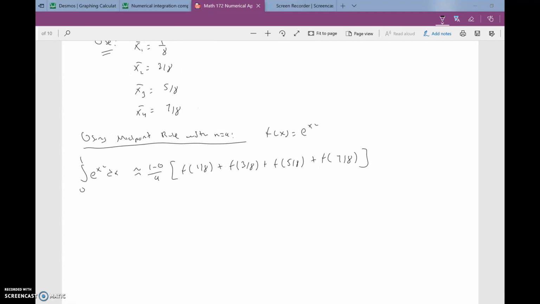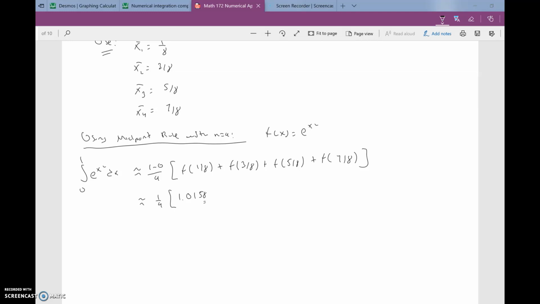And then I'm just going to carry 4 decimal places. So this is going to be approximately a fourth times, and evaluating the function at 1/8. And please double check this to make sure that we're matching. And I'm carrying only 4 decimal places. So I'm getting for the first one 1.0158.